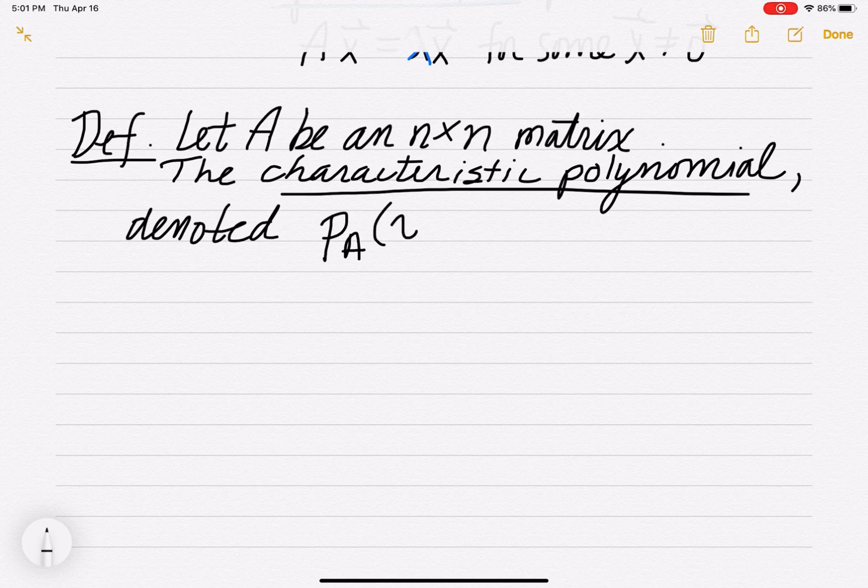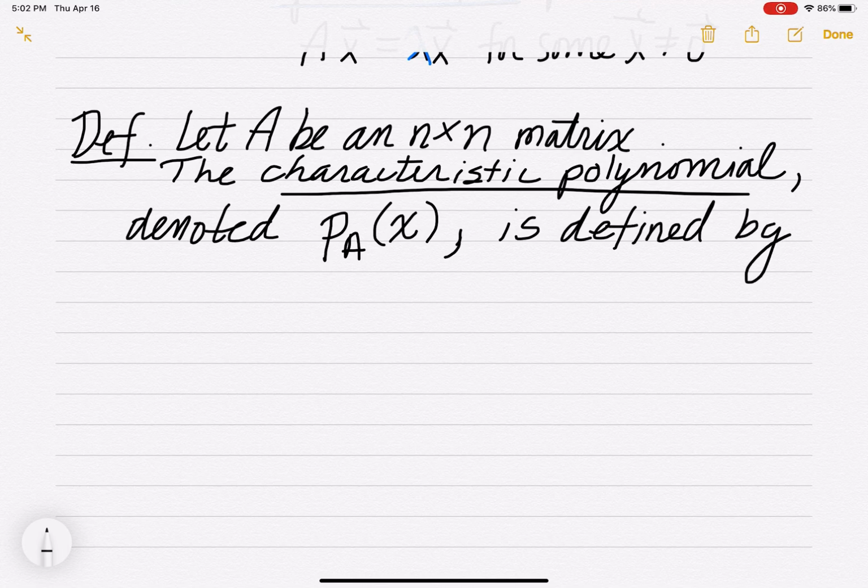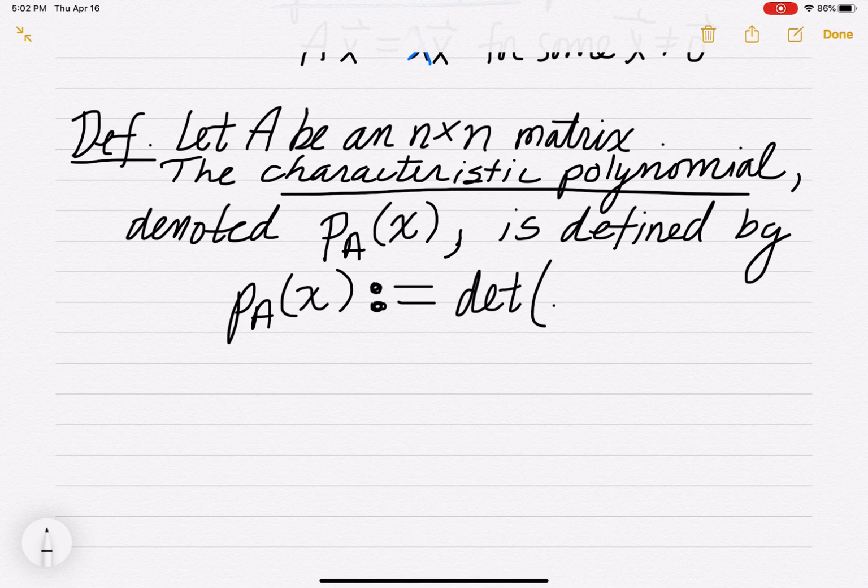It's a function of x, a polynomial, defined by the following: P sub A of x is equal to the determinant of the matrix A minus x times I. So x is just a real variable that can take on real values.